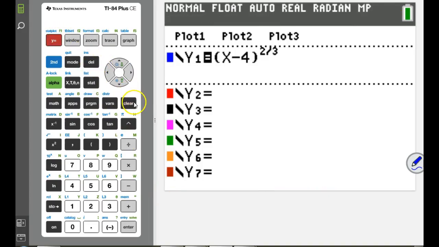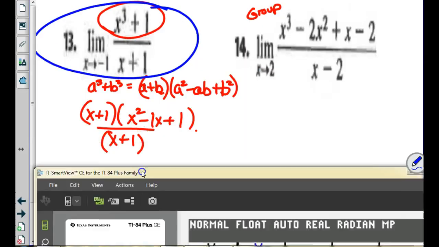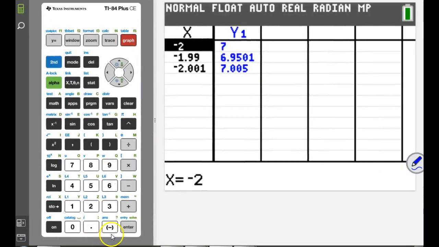Let's go back to that one for a second. Was it x cubed plus 1 on the top, over x plus 1 or x minus 1, guys? And it wants the limit at -1, okay?